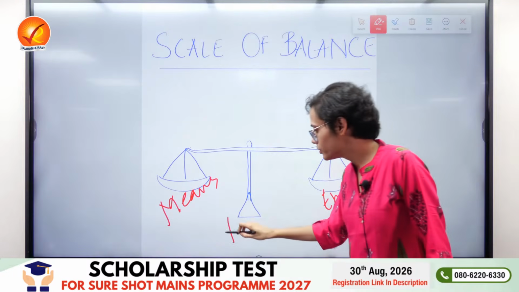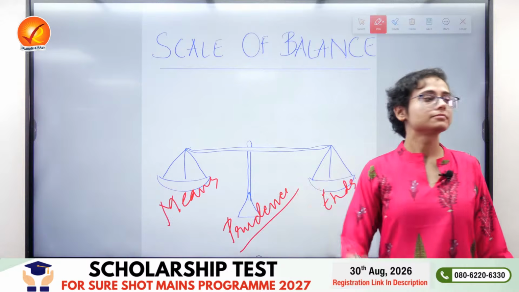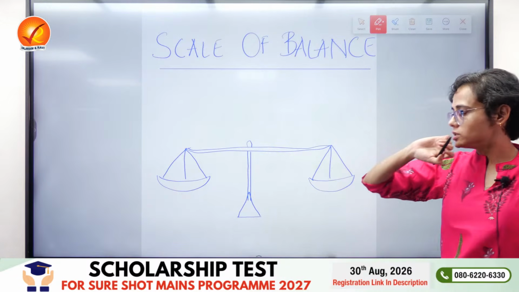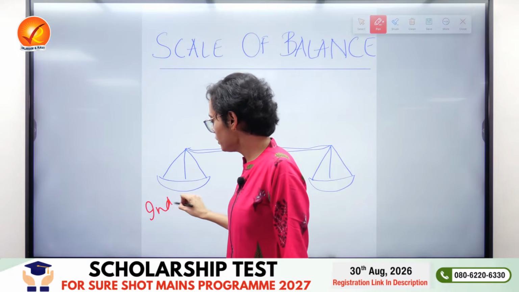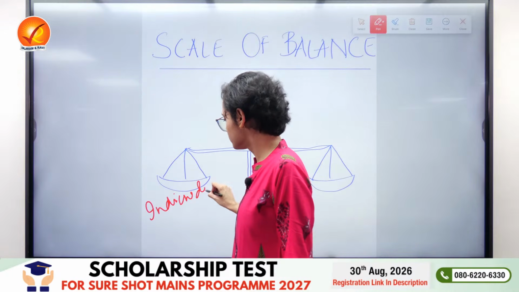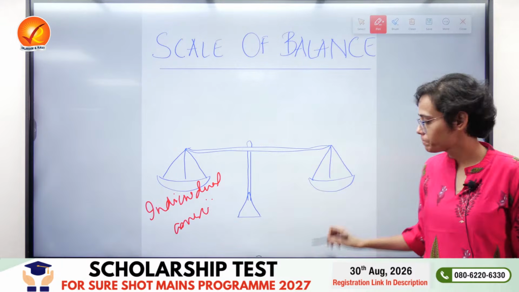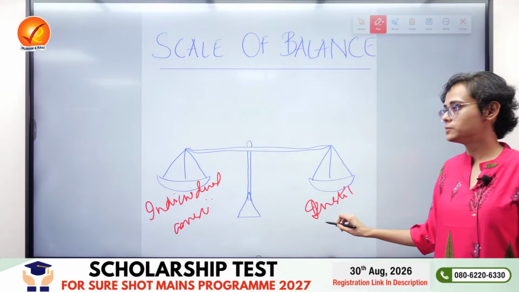So in between we need the prudence. Let's say individual conscience and institutional loyalty.